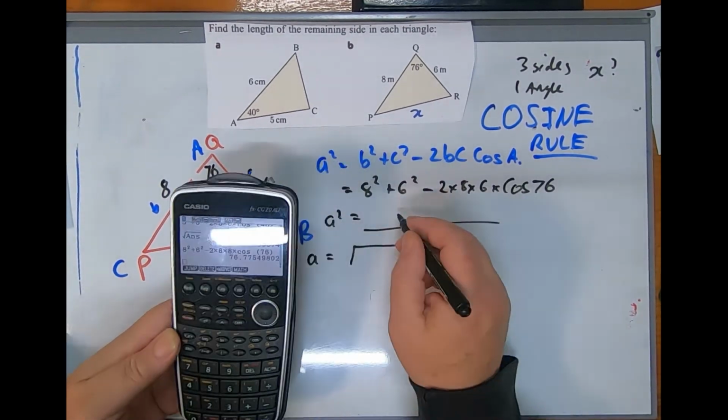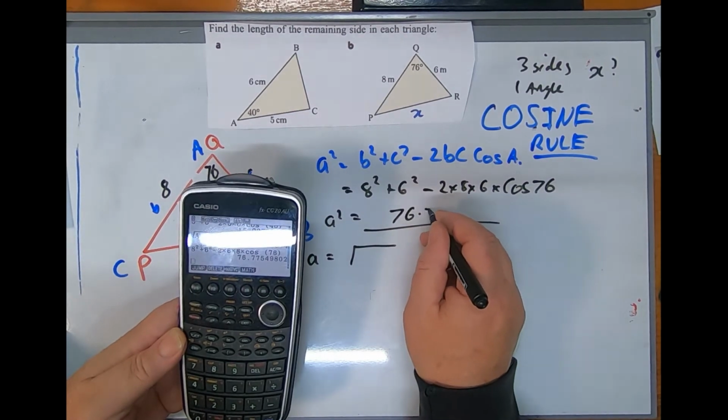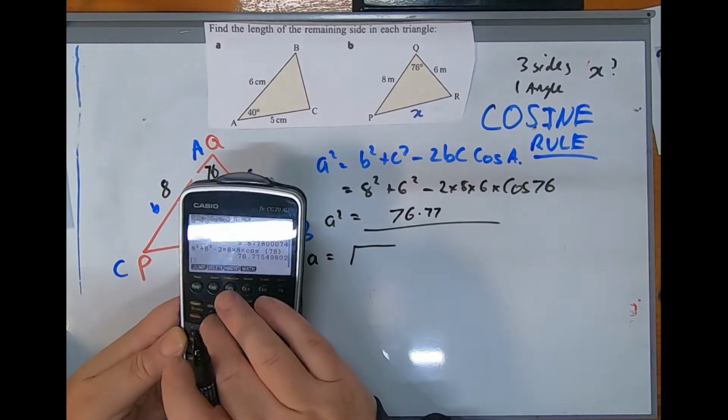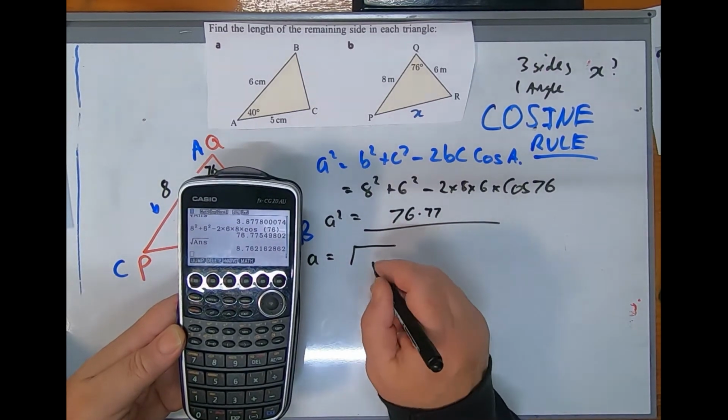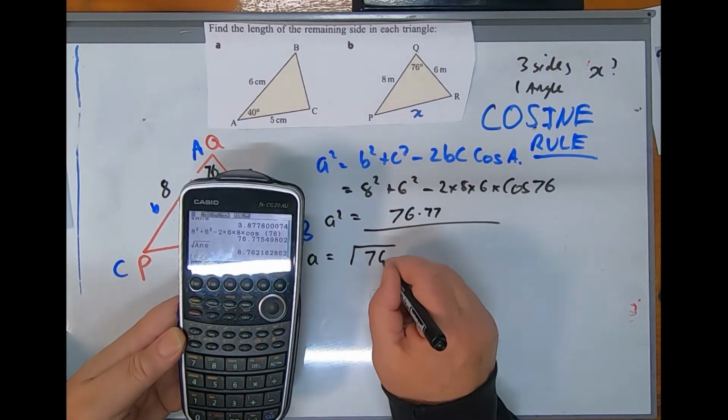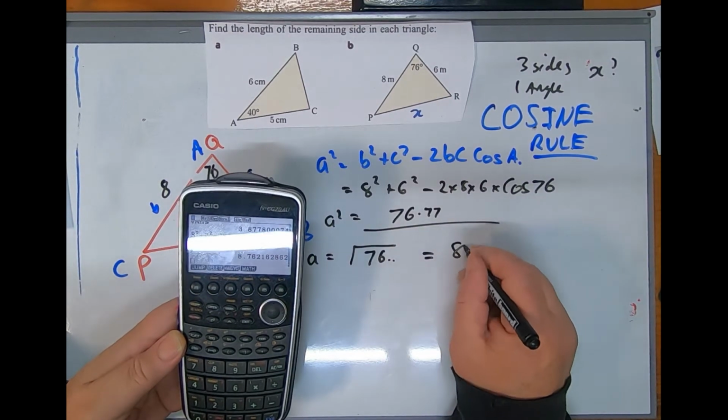How'd I go? Did I get that right? I hope I did. 76.77. So now I'm going to go shift, square root, shift, answer, enter. All right, a equals approximately 8.7.